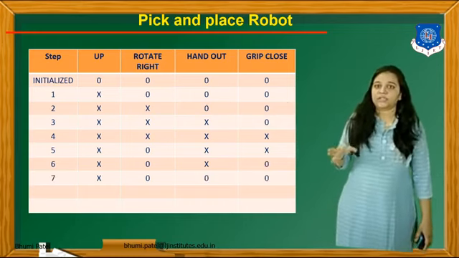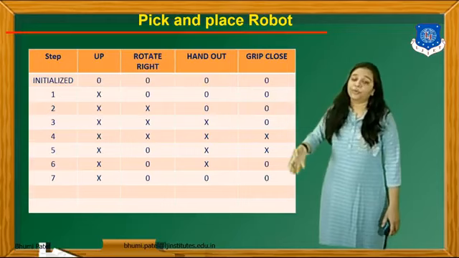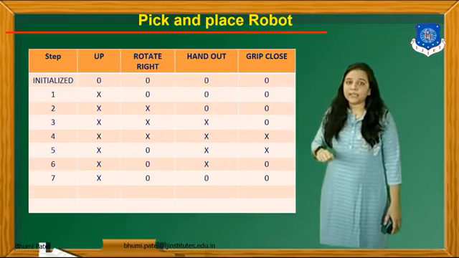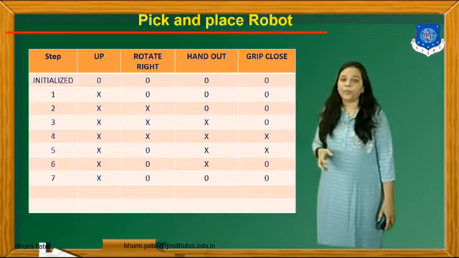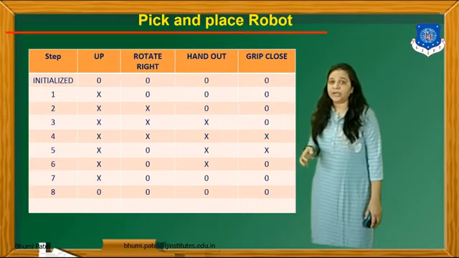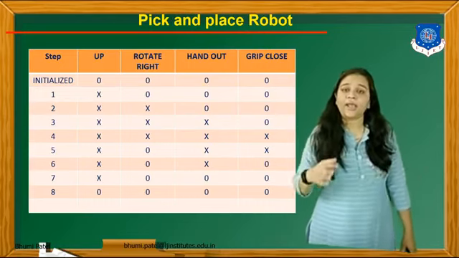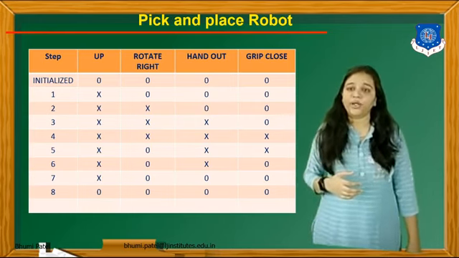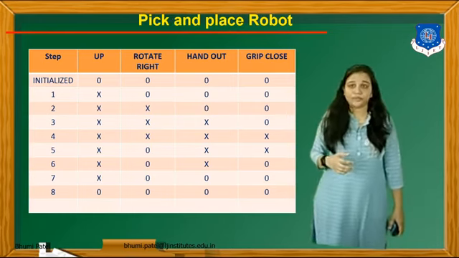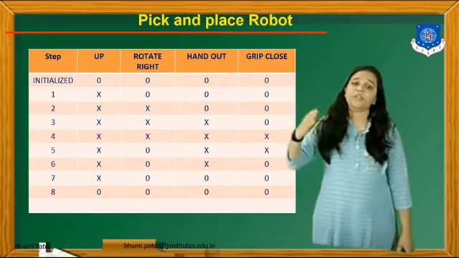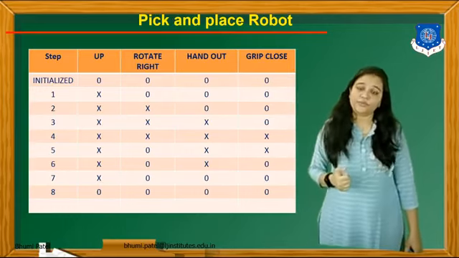In step number 7, it will be up, rotate left, hand in and gripper open. In step number 8, it will be down, rotate left, hand in and gripper open. And in the ninth step, the robot will stay in the initialized position.